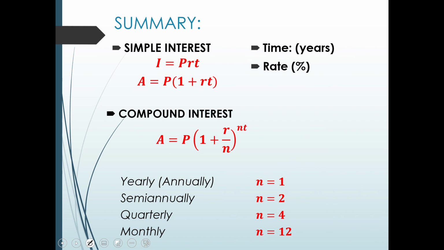Okay, so to sum it up, this is the formula for simple interest. P is the money in the beginning. Rate should be in percentage. If not, divide it by 100. Time should be in years. If it's in months, you have to divide it by 12.